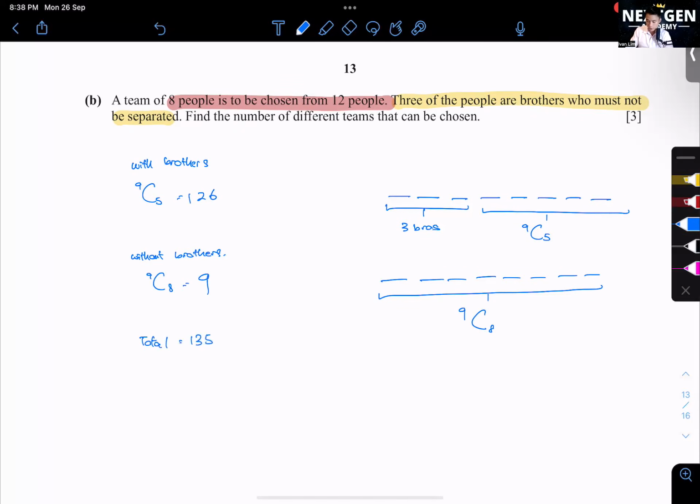Okay, so what I mean, you don't want to write 9C5 plus 9C8 in one line, just in case you either type in wrongly into the calculator or this value you didn't see. Okay, I'm scared sometimes they might minus your mark, just in case if half of it is wrong.